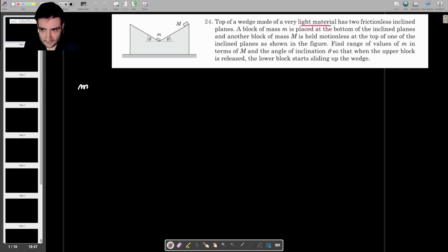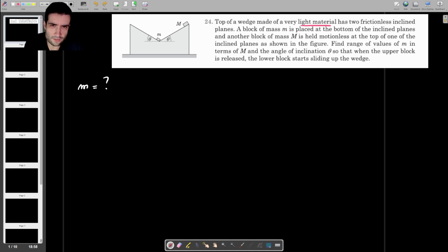So we have to find m as a function of big M, as well as the angle of inclination theta, so that when the upper block is released, small m is going to start sliding up the wedge. So that's what we're gonna look for.